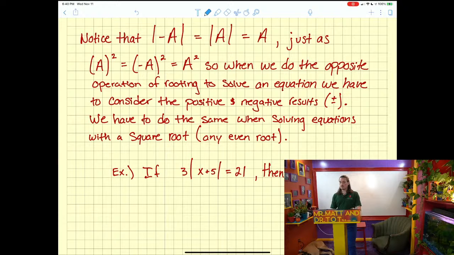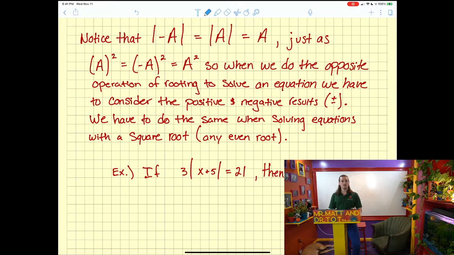So we know that when we do the opposite operation of rooting both sides in order to get rid of an exponent, in order to get rid of a squared exponent, we take the square root. But when we do that to both sides of an equation, we have to consider the negative and the positive result to account for this phenomenon that occurs when squaring to an even exponent.